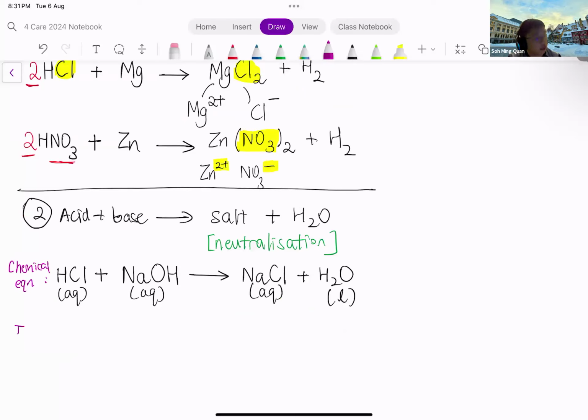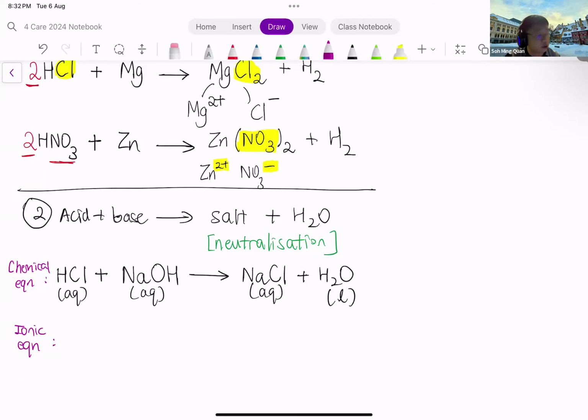But very often, you are asked to write the ionic equation. So what is the meaning of the word ionic equation? Ionic equation means we only want to show the ions which have changed. If the ions didn't change, don't write it into the ionic equation. What do I mean by did not change?